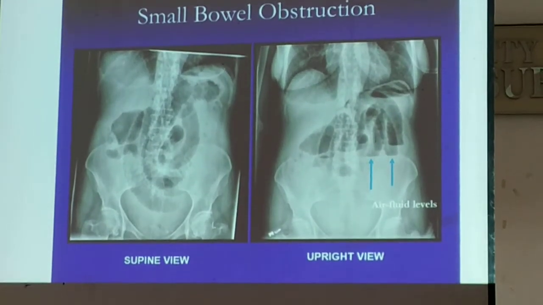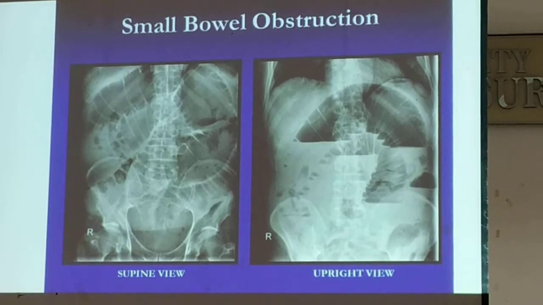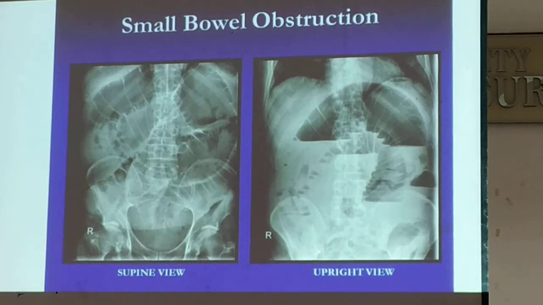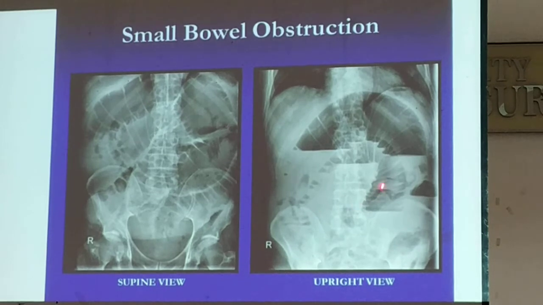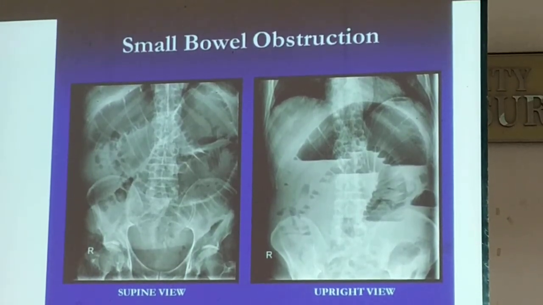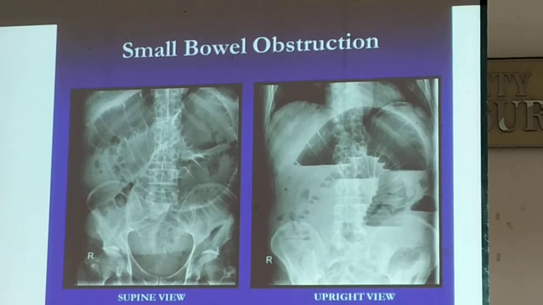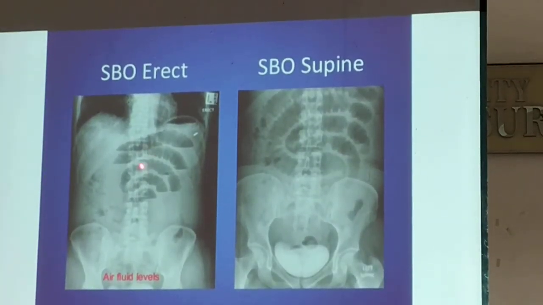Okay? There you are. Now, you could appreciate the valvulae conniventes. There you are. Can you see? So, this is what you call your coil spring sign.